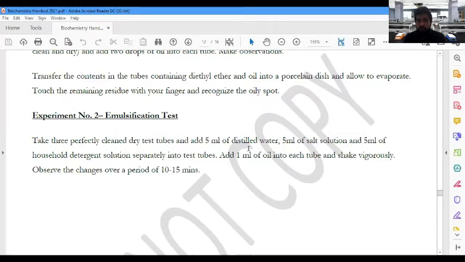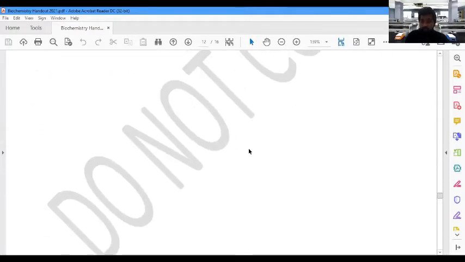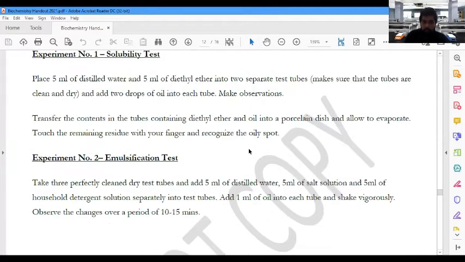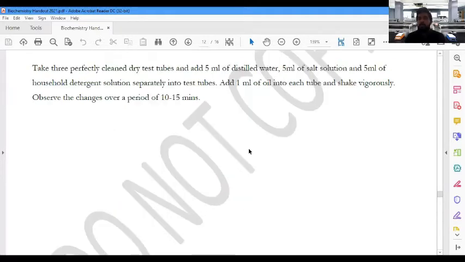If you are interested, search about those two tests. Unfortunately we don't have them in our syllabus. I have suggested them for the next curriculum. Using those two qualitative tests, we can identify the presence of cholesterol.